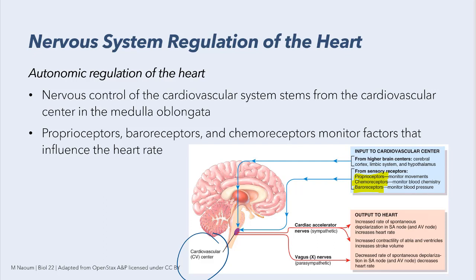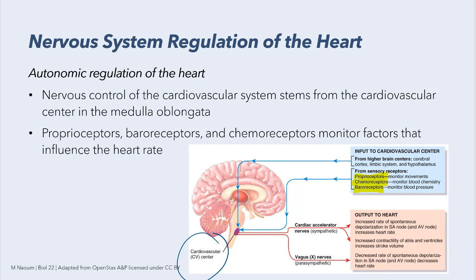Chemoreceptors, on the other hand, will monitor the chemical composition of blood. So with increased physical activity, there's more CO2 released into the bloodstream, which makes the blood more acidic. So the acidic conditions in the blood, plus the drop of oxygen, that information will be picked up by chemoreceptors, which will also stimulate the cardiovascular center. And we also have baroreceptors.